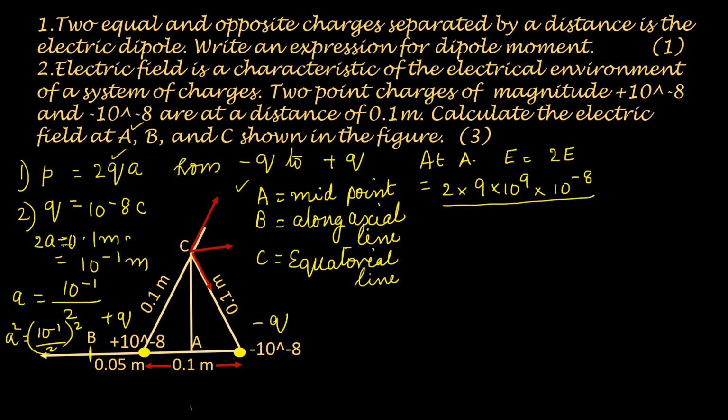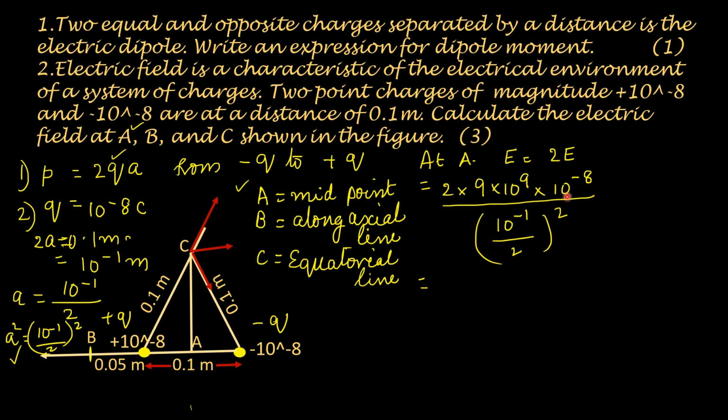What is r? r is at the midpoint, so 2a by 2. That is 0.1 divided by 2, which is 10 raised to minus 1 by 2. r square becomes 10 raised to minus 1 by 2 raised to 2, which will be 10 raised to minus 2 divided by 4.